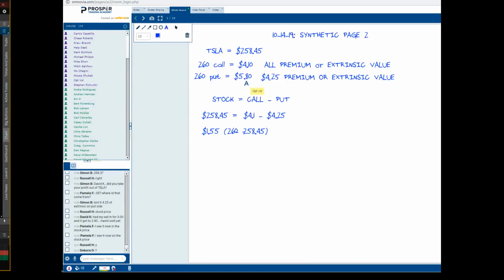Right, with the 260 put trading 5.80 and the stock at 258.45, it was $4.25 of premium versus $4.10 of premium with the stock at 258.45.